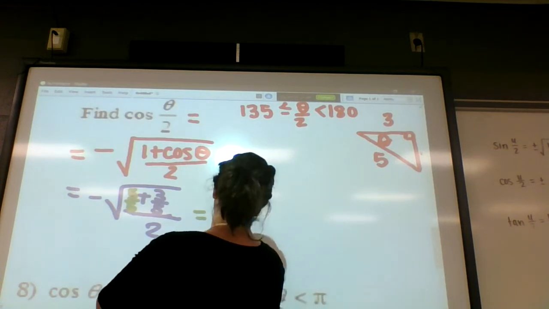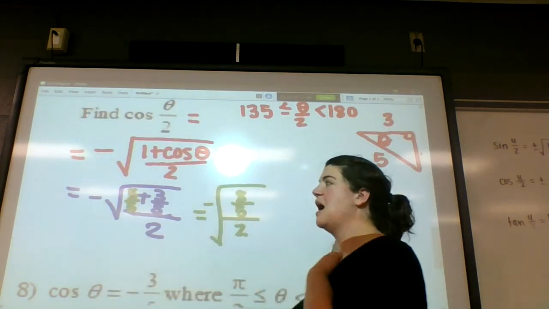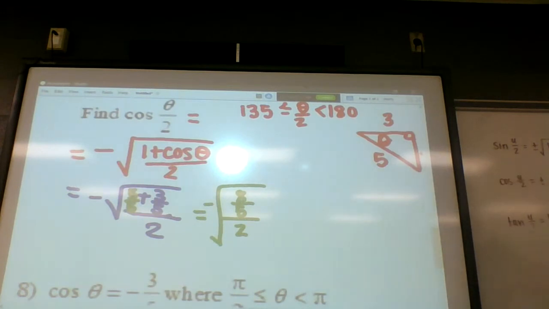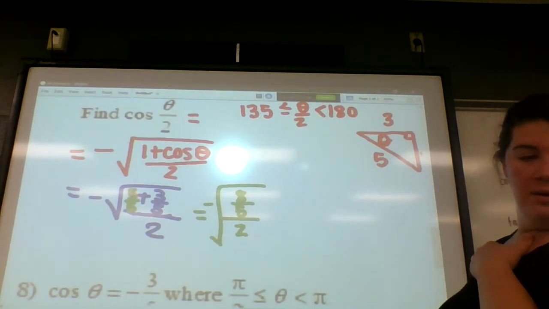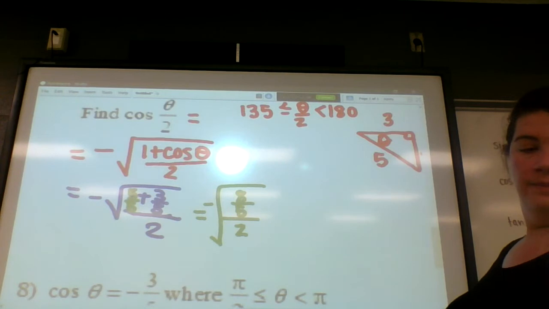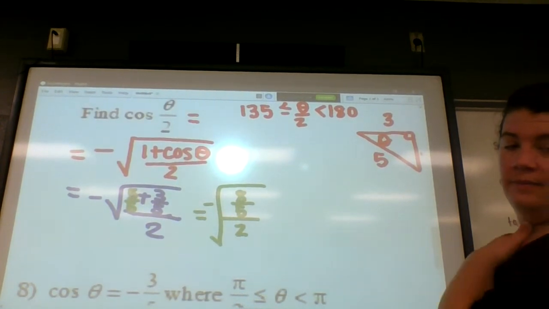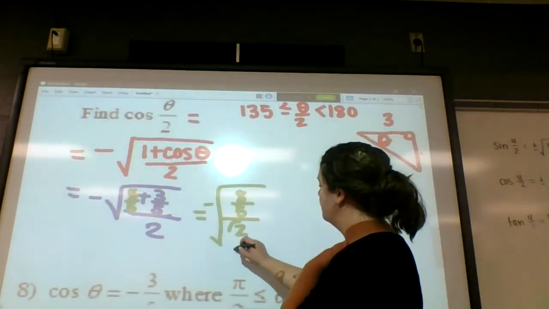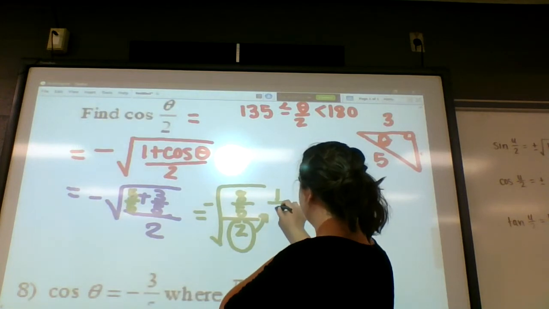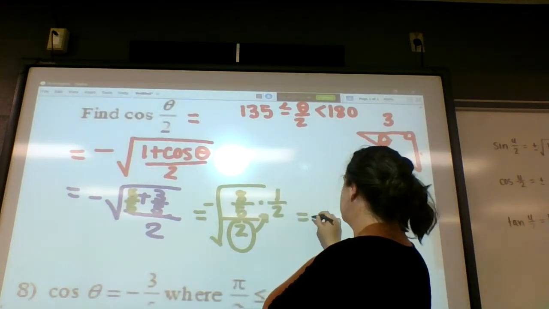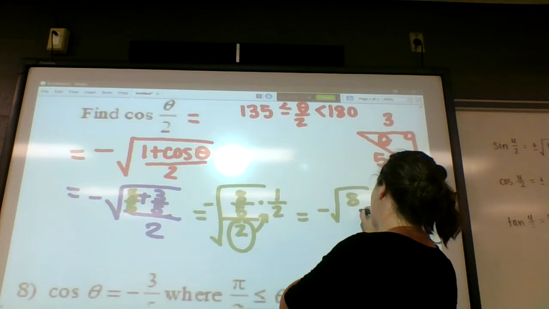All over 2 inside the square root with a negative in the front. Flip and multiply, what's going to happen? The 2 is going to change to 1 over 2, right? Times by half. So it's negative square root of 8 over 10.